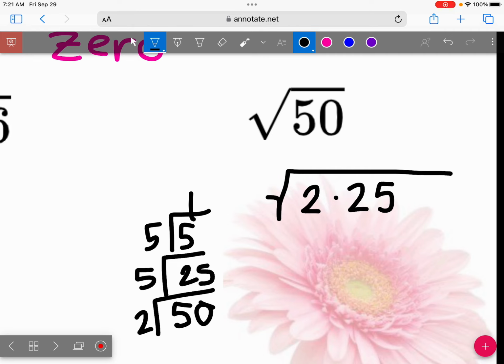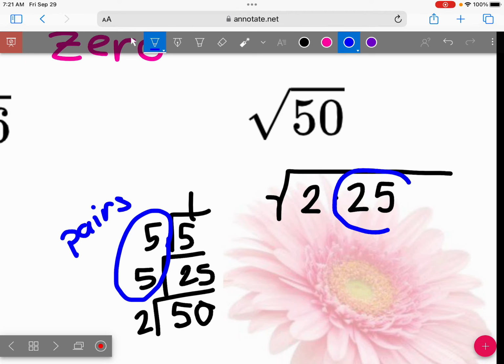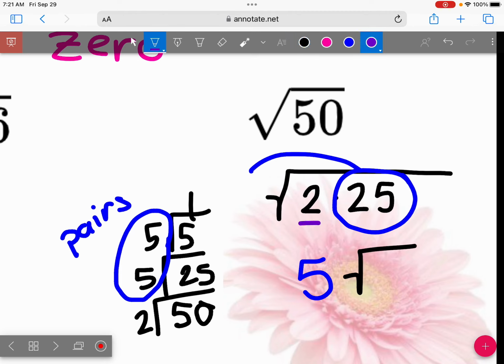There's lots of different ways to do it, but what we're really doing is we're looking for perfect squares, meaning pairs on the birthday cake, or a perfect square that I can pull out of my radical. So I take the square root of 25, it's 5, right? And then left over, I have the 2.